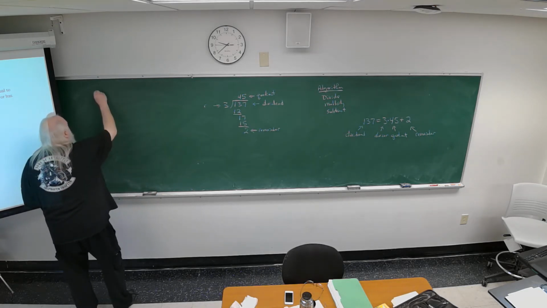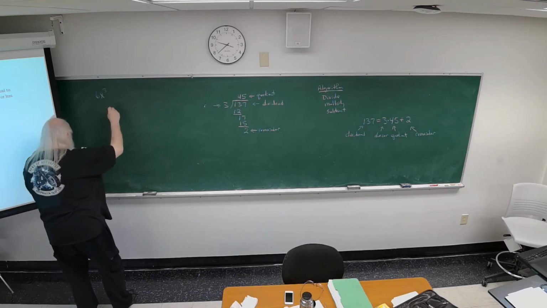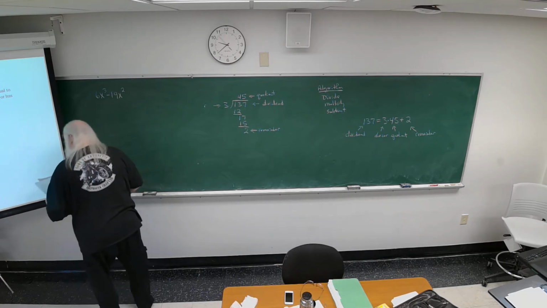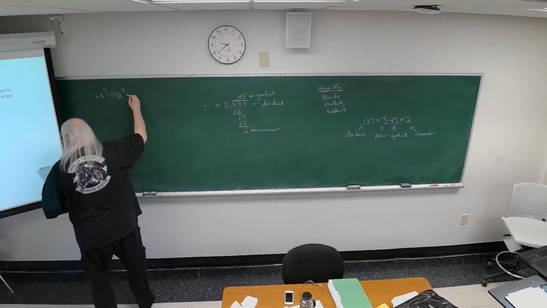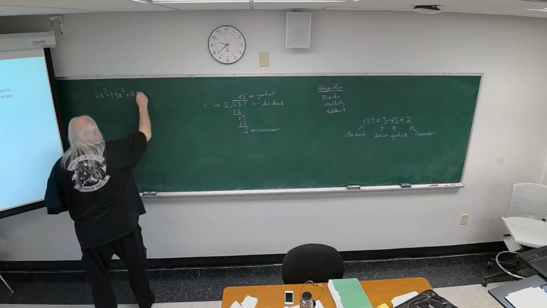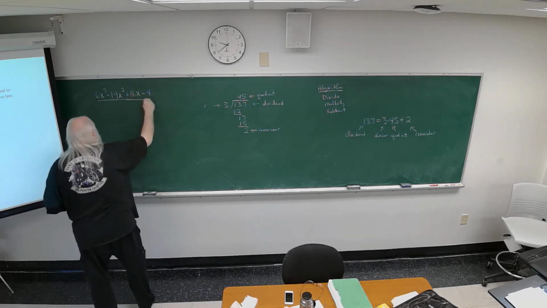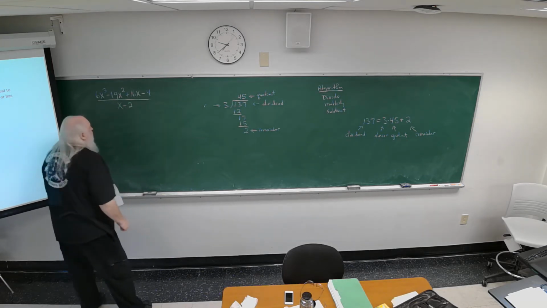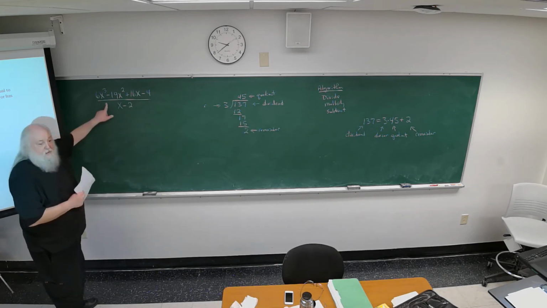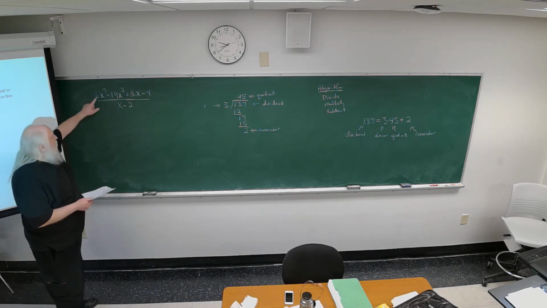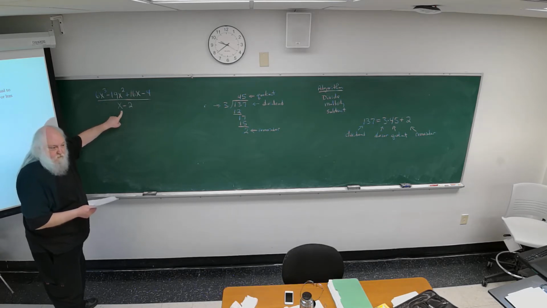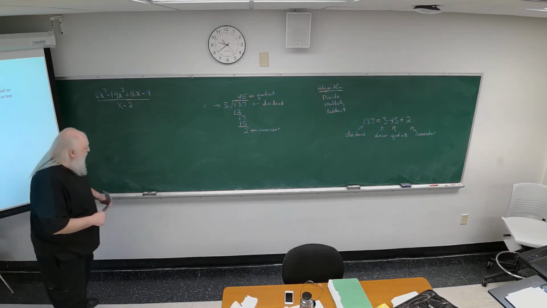So we have 6x cubed minus 19x squared plus 16x minus 4 over x minus 2. Remember, fraction bars are like division symbols. So this can be read as this third degree polynomial divided by this first degree polynomial. The numerator divided by the denominator.